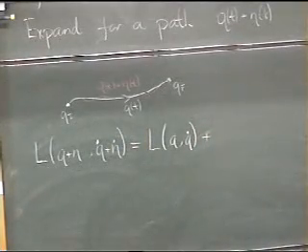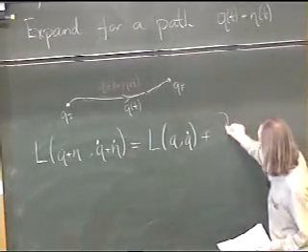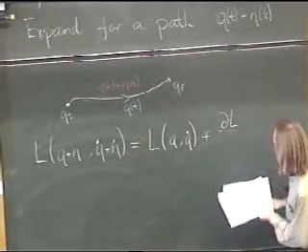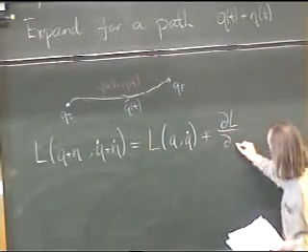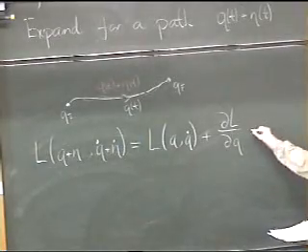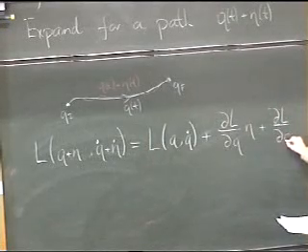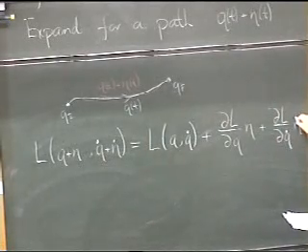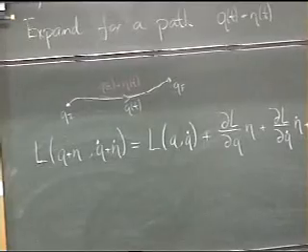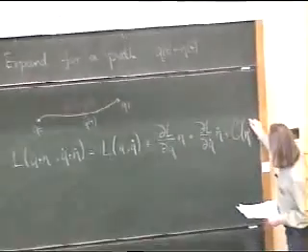Then you expand using a Taylor series, so you get dL/dq times eta plus dL/dq dot times eta dot, and then terms of order eta squared.